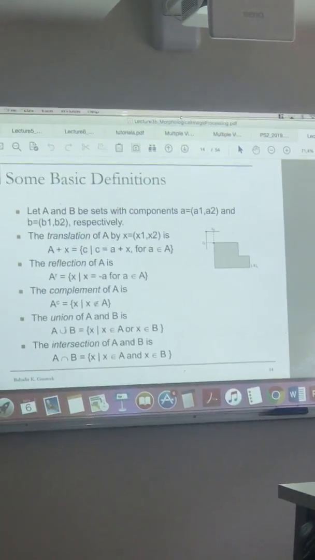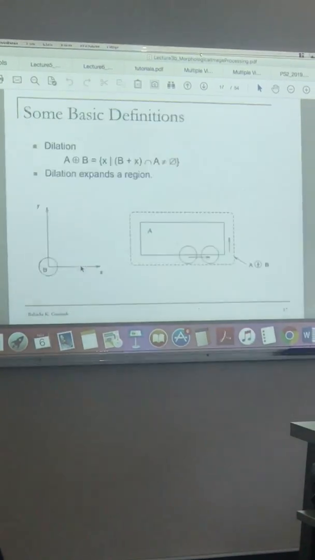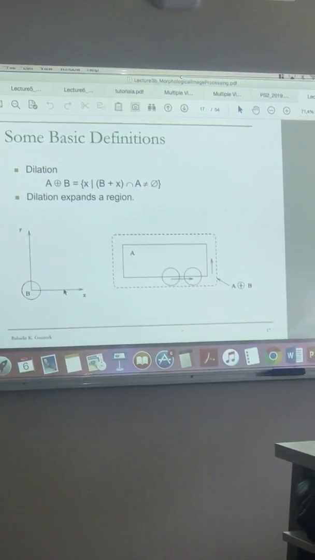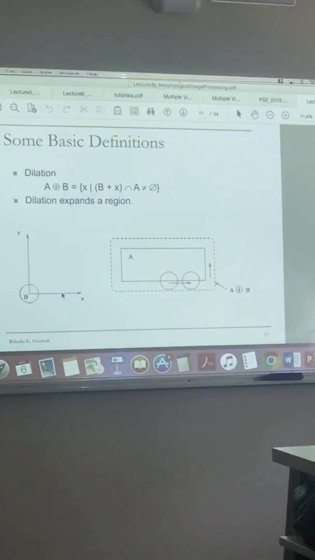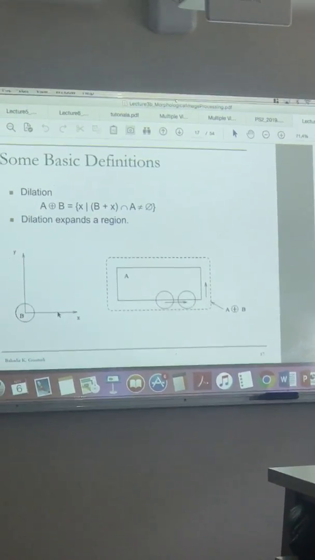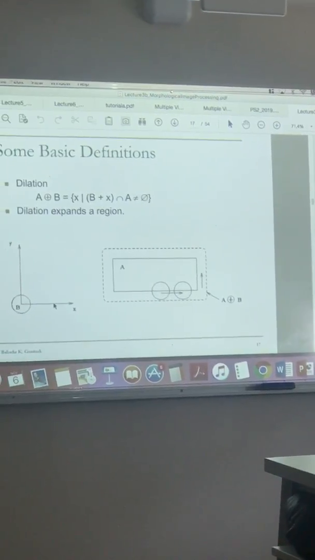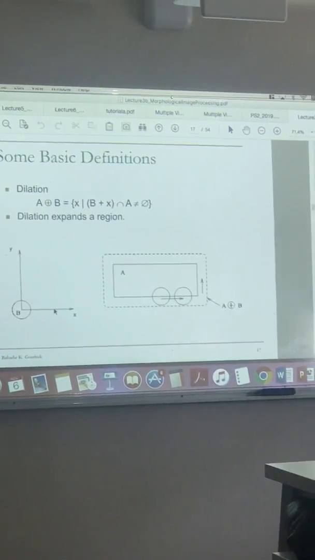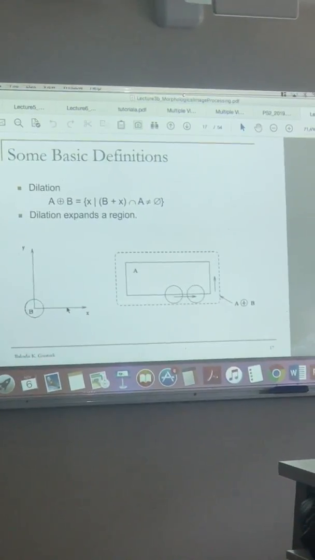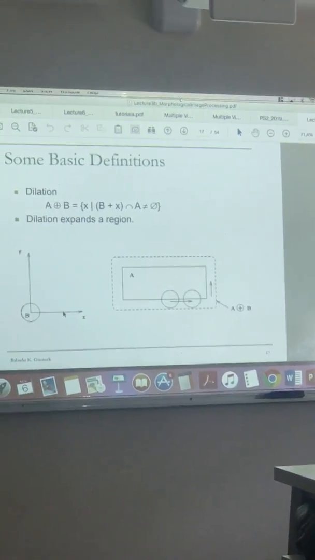So I want you to understand these set operations, erosion, dilation, and being able to read that set operation. I may give you a set operation, okay, X such that this and this intersection, this is that, and so on.